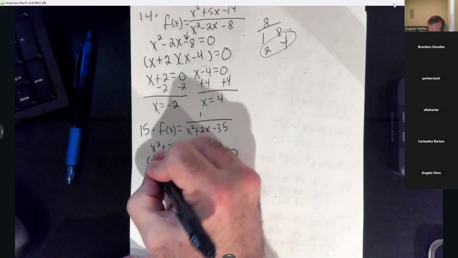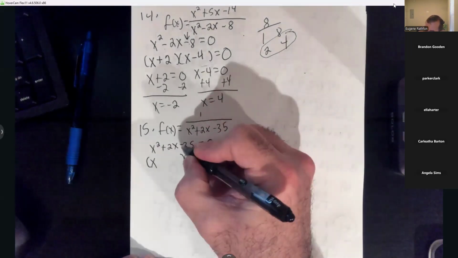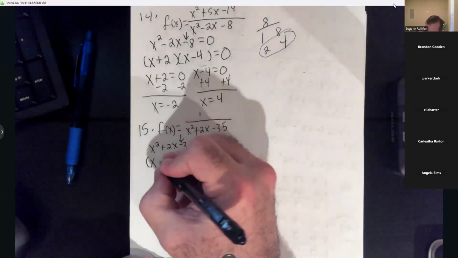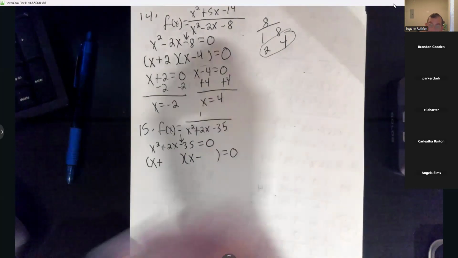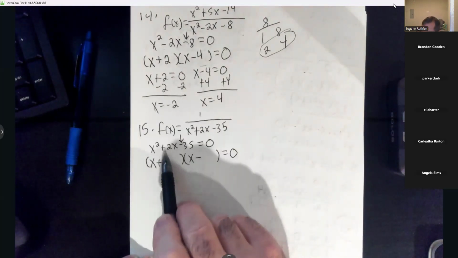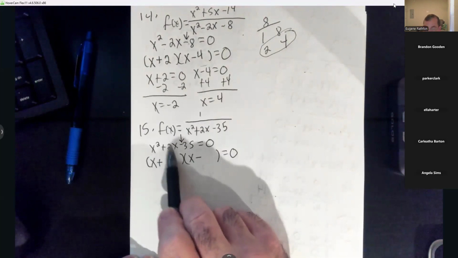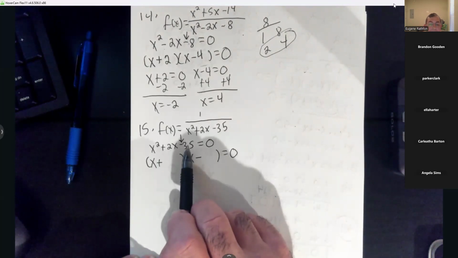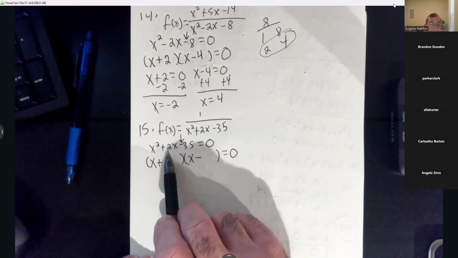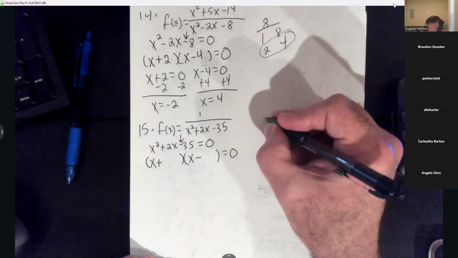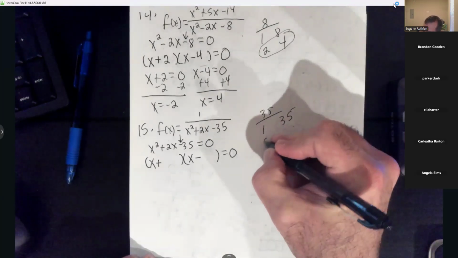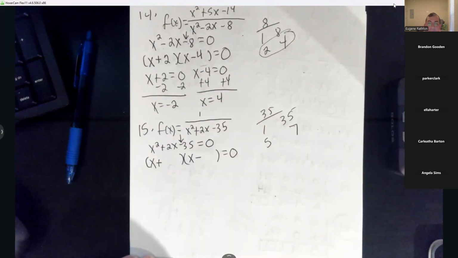All right, x squared is an x and an x. This last number is negative. So remember, the last number is negative. That means one's positive, one's negative. Now, this time, the larger factor will be positive since the middle's positive. So y'all want factors of 35 that'll subtract and give me a 2. So for 35, that's either going to be 1 and 35, or 5 and 7.